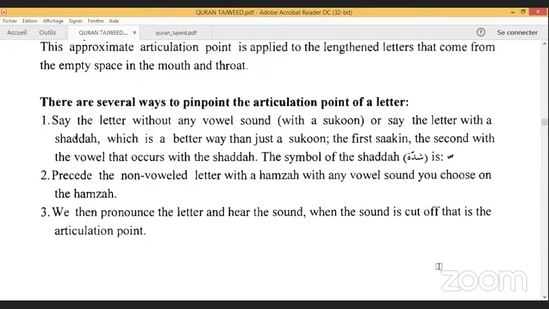So this is the point of articulation. This is articulation point of qaf, or mim, or noon, or lam, and so on. And I think this is clear, inshallah.